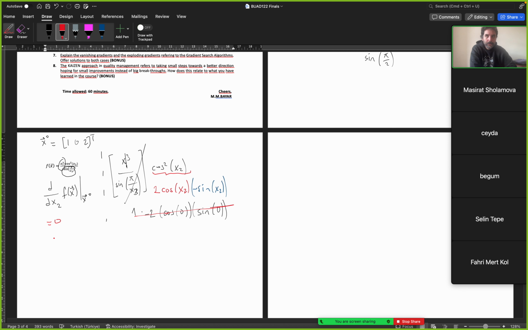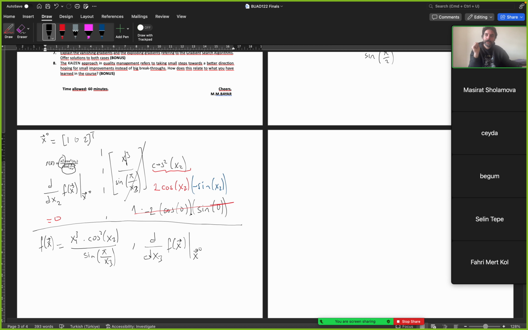Any problems on this differentiation? All right, then I will just continue with the third derivative. This is my function again. f of x is x1 cubed times cosine squared of x2 over sine of pi over x3. And what I'm asked to find is d over dx3 of f of x evaluated at x0.